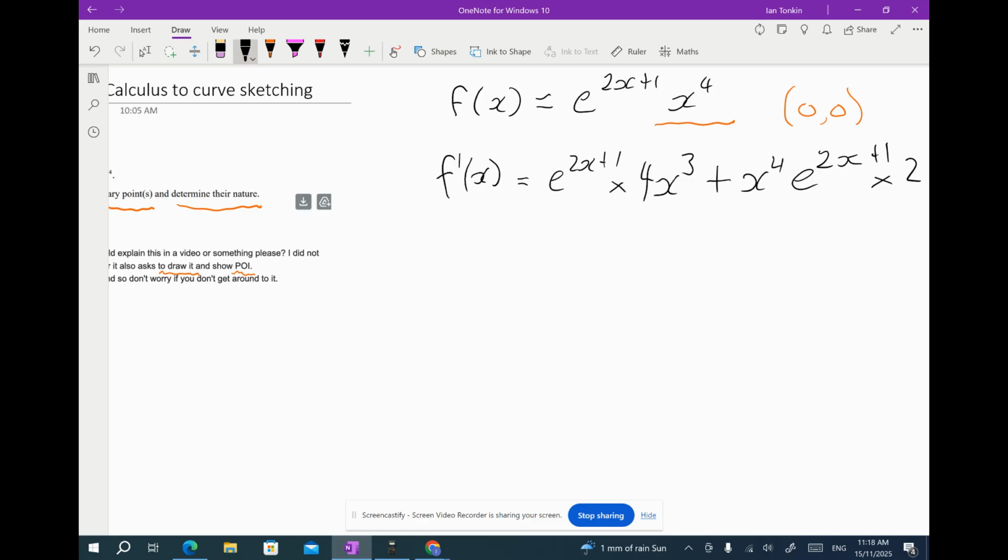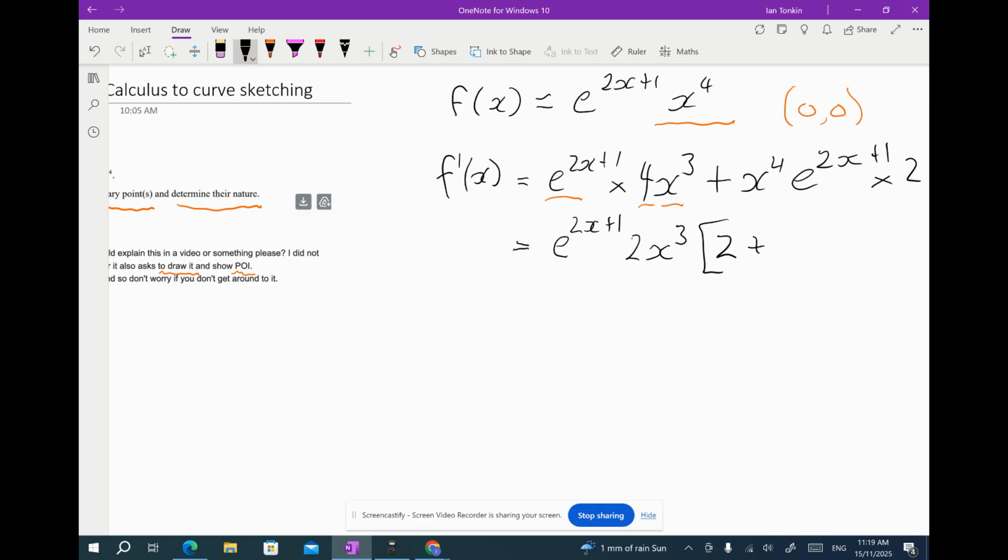Now I'm going to factorise it, and I'm going to take an e to the 2x plus 1 out. I'm going to take a 2x cubed out, and let's see what I'm left with. If I take that out, a 2 and an x cubed, I'm only left with a 2 plus.